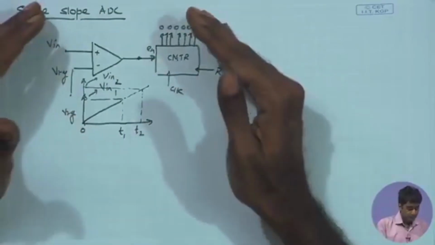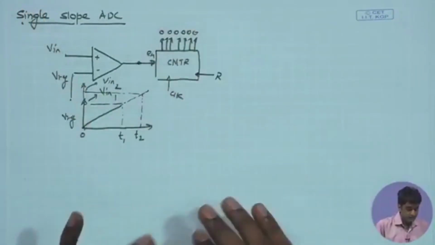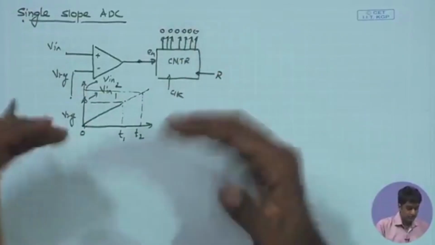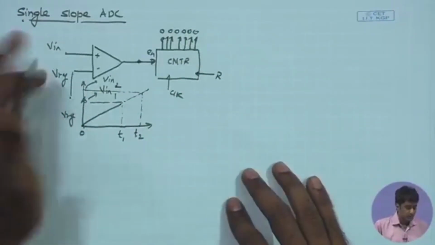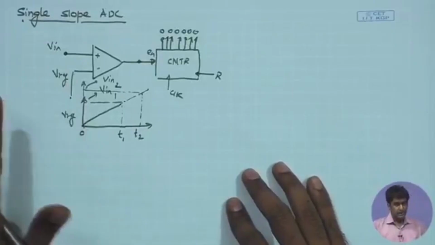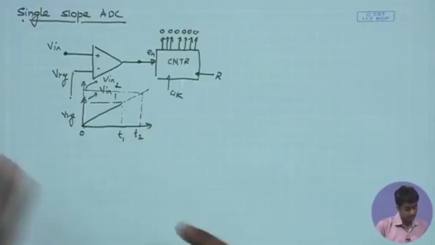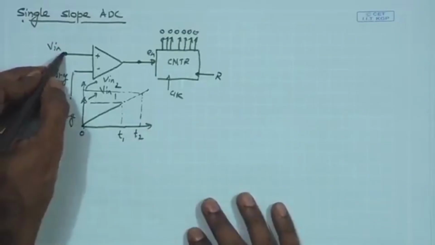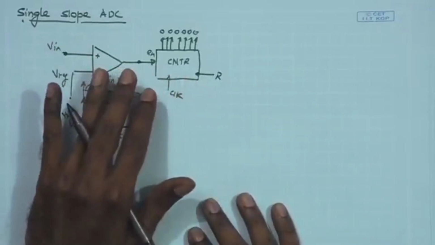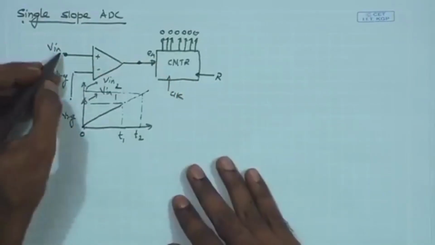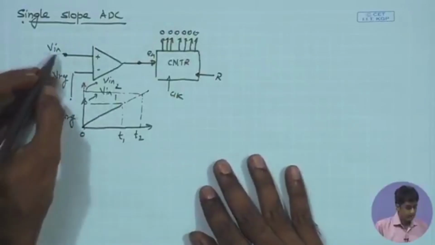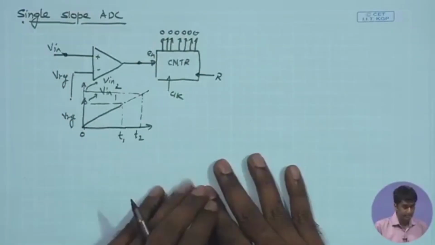Now, we will be proceeding step by step and going into the details of each of these blocks. So, let us start with the very first block, which is going to come before the comparator unit. That unit is called the sampling block.